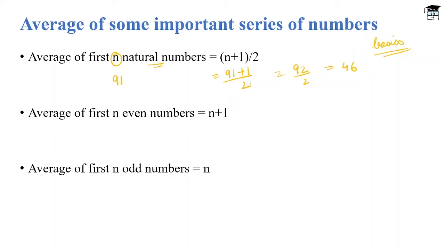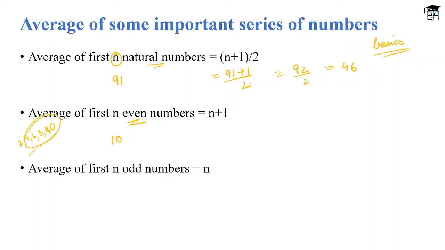Second, the average of first n even numbers is equal to n plus 1. Let us say the question is: calculate the average of first 10 even numbers. What are the first 10 even numbers? 2, 4, 6, 8, 10 and so on. So what will be the average of these numbers?